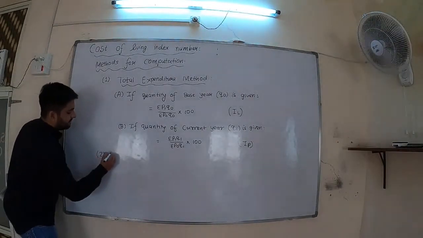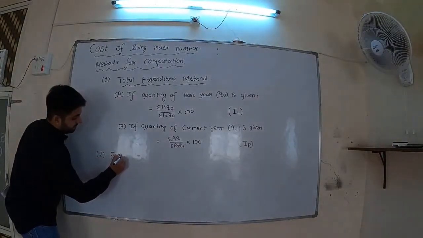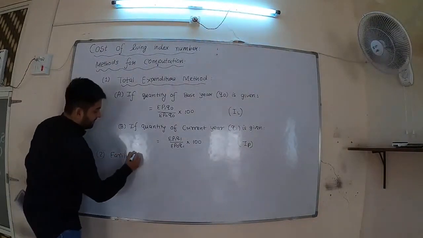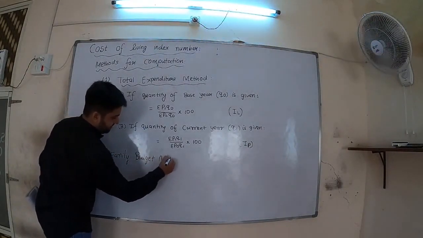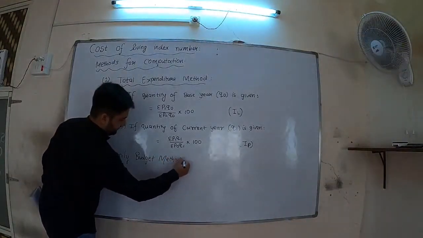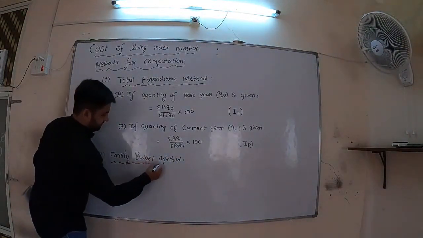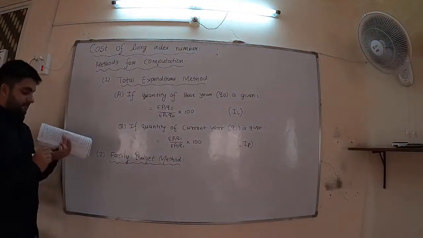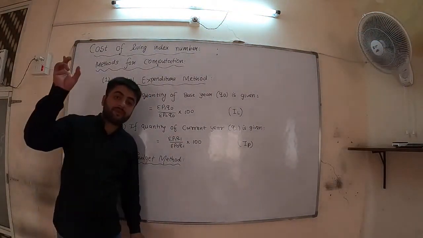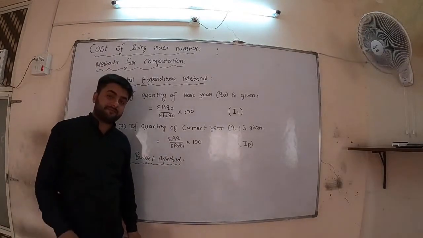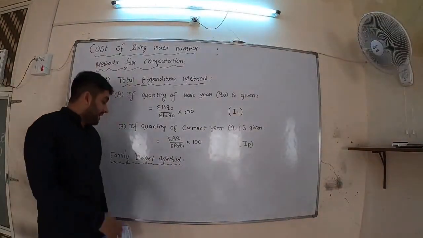Now the second method, family budget method. Both these formulas are from 1.3, Laspeyres and Paasche.